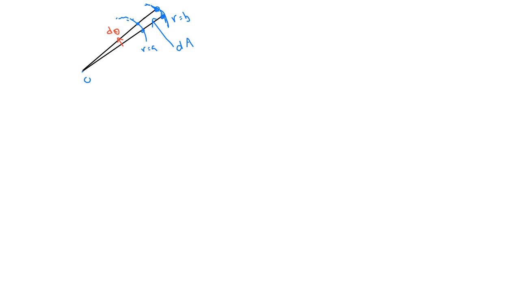This ray here, this is a ray, that for instance might have theta equals theta 1, and then this ray here might have theta equals theta 2.